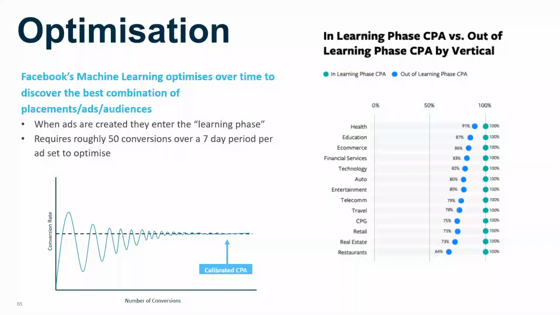What the right graph shows is per industry how much the CPA drops once the learning phase is complete. In terms of health, it drops about 9%, which is still good. If the CPA is quite high, a 9% drop can be quite a boon. On average, it's around 79, 80%. Things like real estate and restaurants see the most improvement.